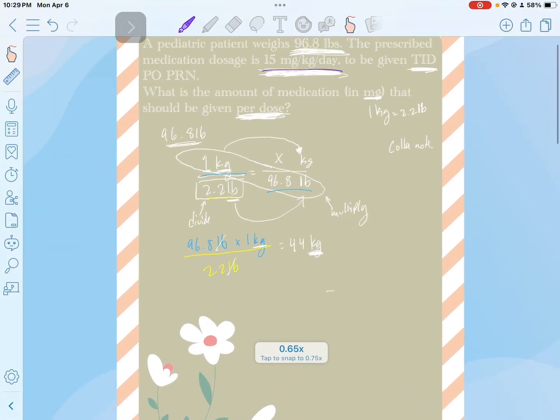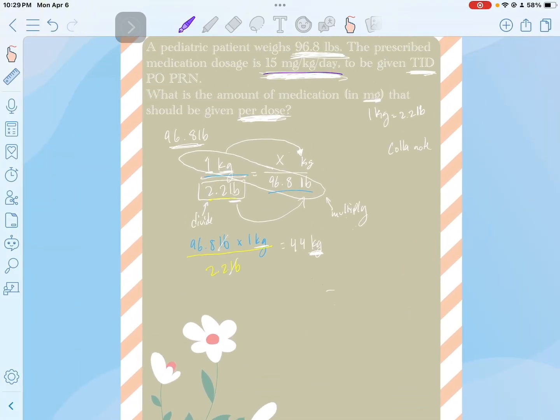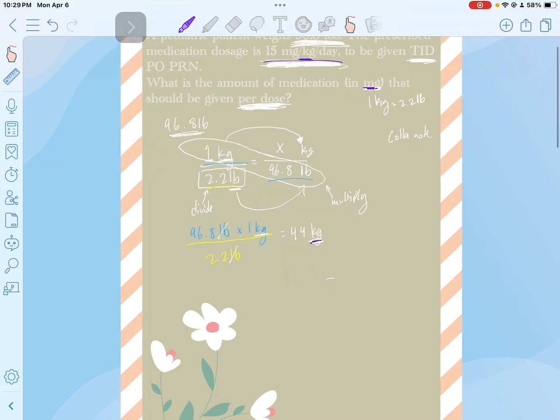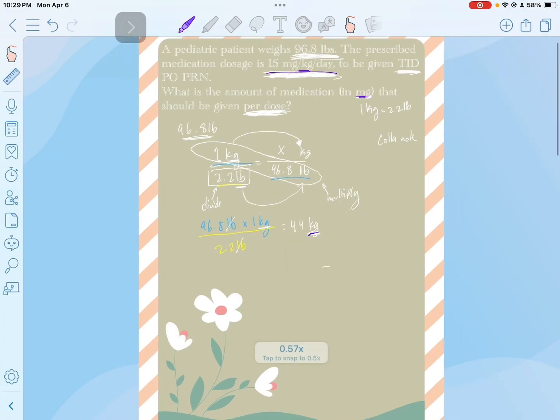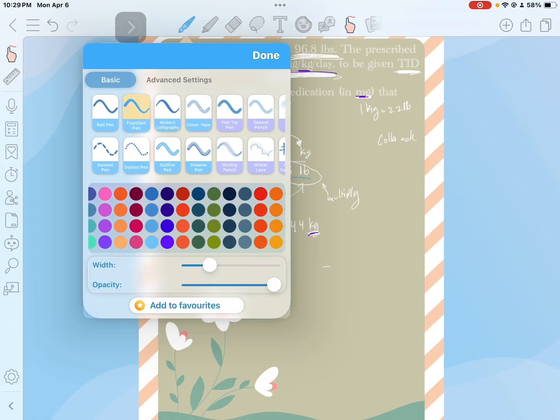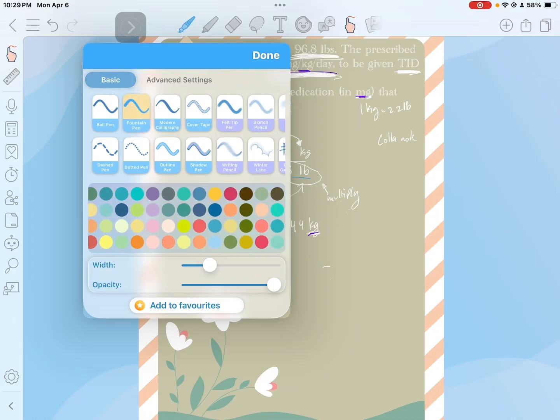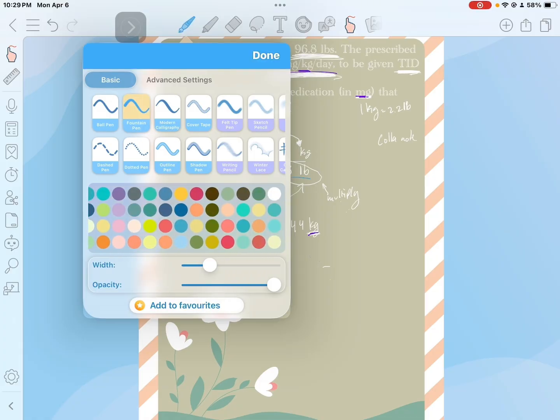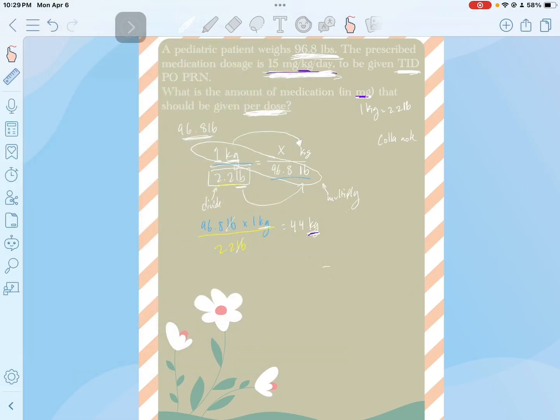So we're going to just do what's important for us. Milligrams is important and kilograms is important. So we're going to use those things. So we do know that this whole thing is for a whole day.